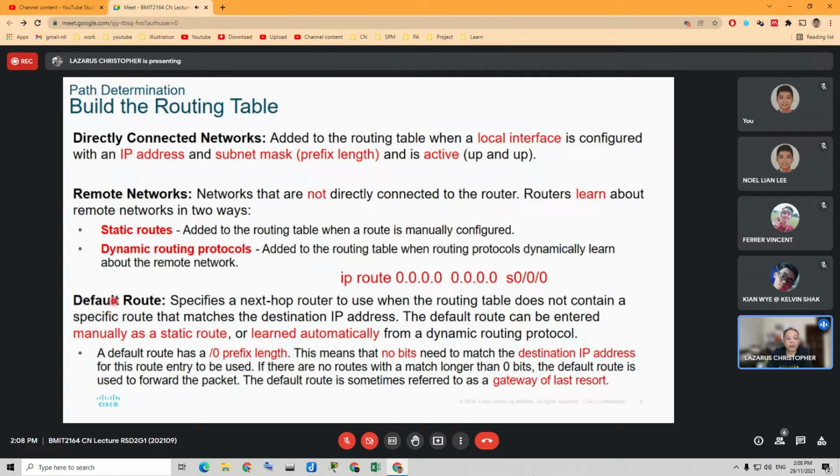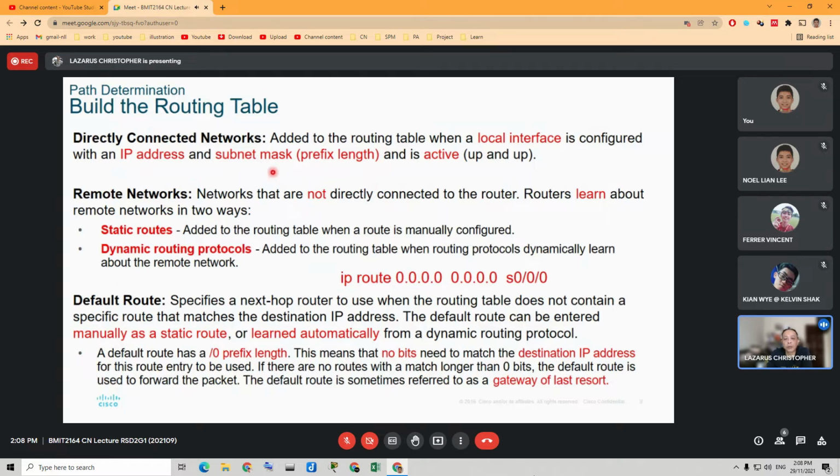Directly connected networks are added to the routing table when you configure the local interface, the interface belonging to the router. You configure the interface with an IP address and subnet mask, correct?